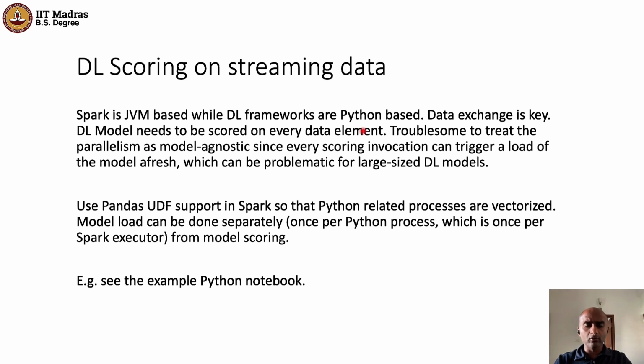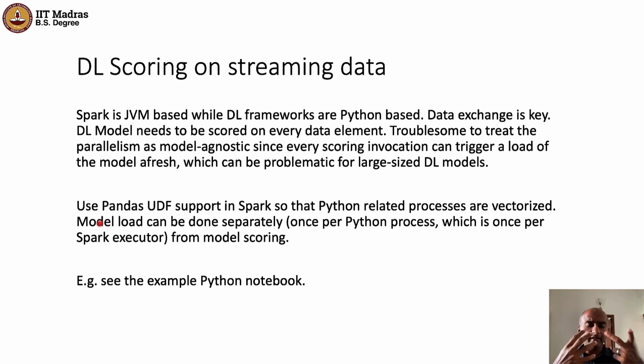So to solve this problem, we will use the same Pandas UDF feature, vectorize the data, and send it across to the Python process, and in doing so, make the Python process load the model once at the beginning of the setup of the process, so that every invocation that happens on a regular basis, as part of every single record in streaming, uses the model that's already loaded in memory.